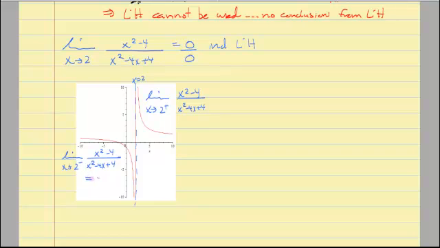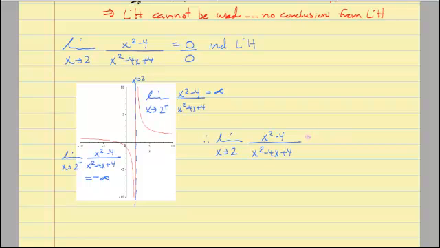So I can see pretty clearly here that this limit is equal to negative infinity, because you can see this just diving toward negative infinity as we approach from the left. Over here, this is going up toward positive infinity, so the limit from the left does not equal the limit from the right. Therefore, the limit as x approaches 2 of my overall function does not exist.